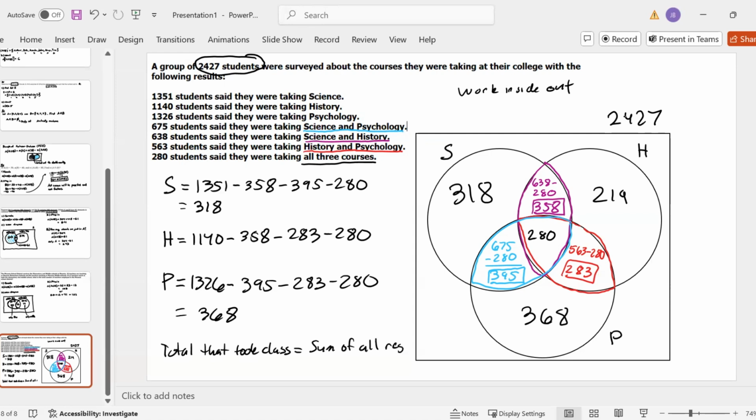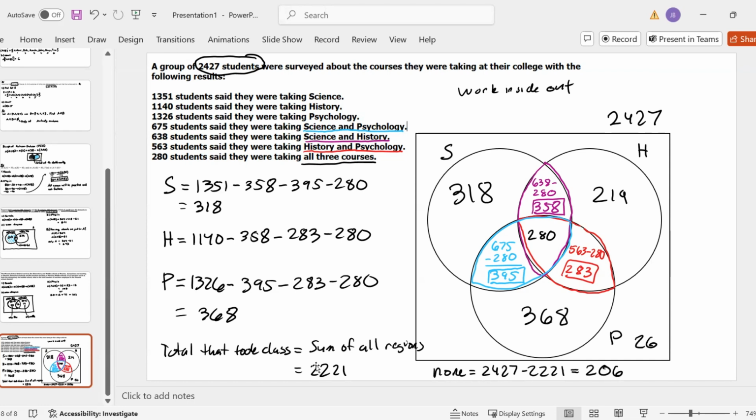So I was right. If you give me 1 second, I will calculate that. So it's going to be 2221. So basically that's all of the circle regions added up. And then if I want to find how many students took none, that would be 2427 minus 2221, which is equal to 206.